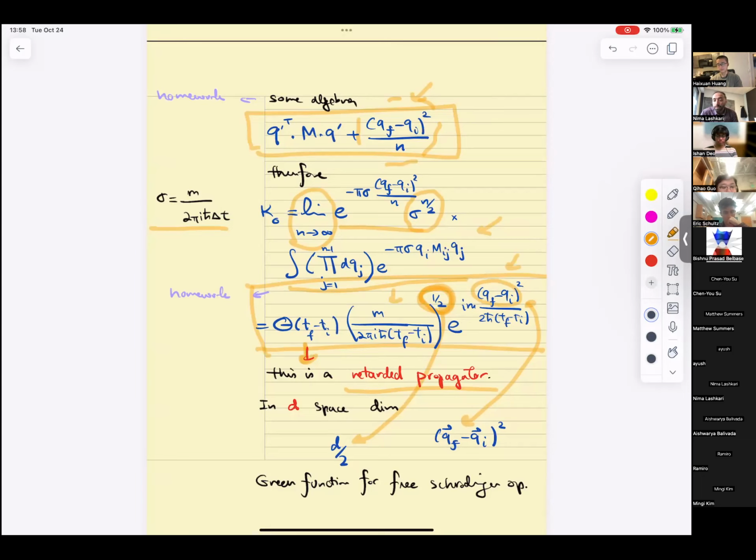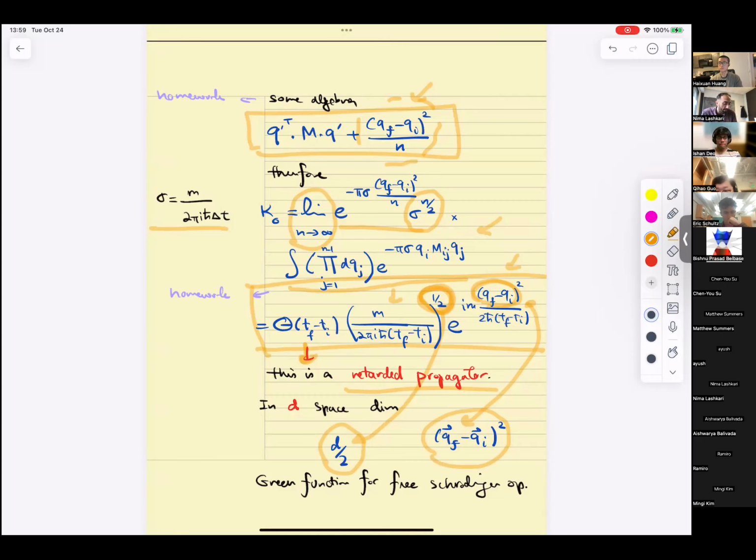If you repeat the calculation in d dimensions, and scatter off of a potential that's spherically symmetric. Well, actually, sorry, we're not scattering off yet quite. You're looking at the free propagator in d dimensions. If you do that, for d spatial dimensions, you'll learn that this one half is replaced by d over 2, and this qf minus qi squared is replaced by the norm squared of the vector qf minus qi.